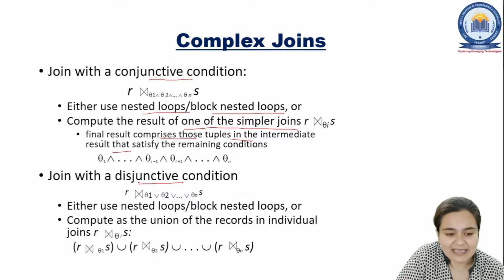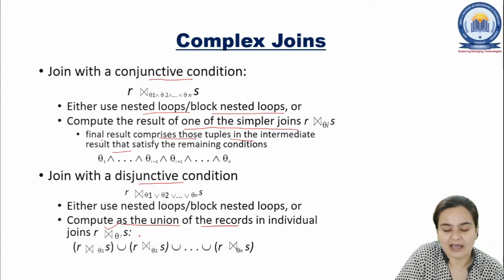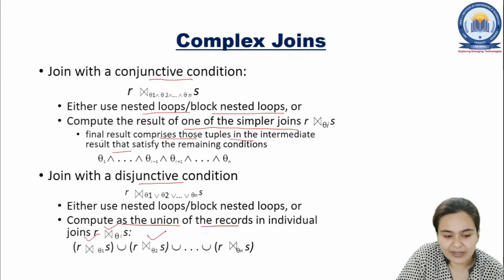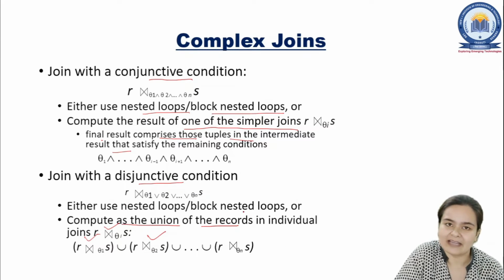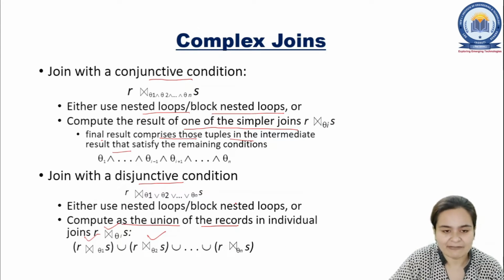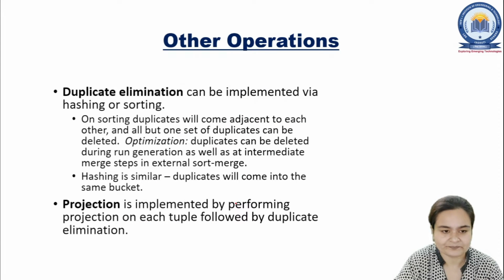Similar is the case with disjunction. We have to individually compute the union of the records in the individual joins that we can perform on R and S. So for each condition we can perform a different join and then take the union of the values that we have filtered out using those joins.